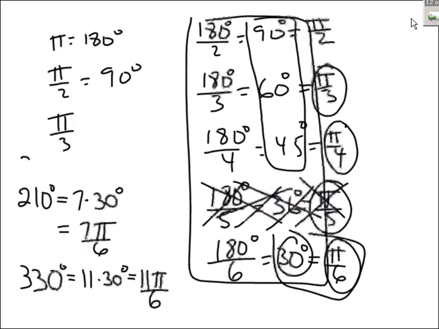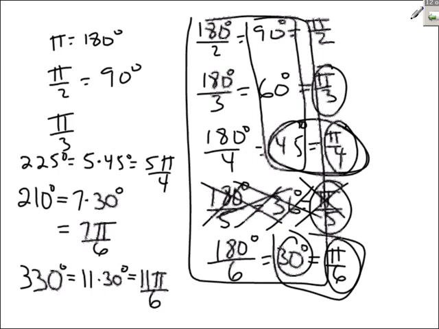If somebody gave me 225 degrees, learn your 45 table. 225 is 5 times 45 degrees. Here's my 5. 45 degrees is pi over 4. So you have to know your times table. You know your 45 times table? 45, 90, 135, 180, 225, 270, 315, 360, you're in good shape.